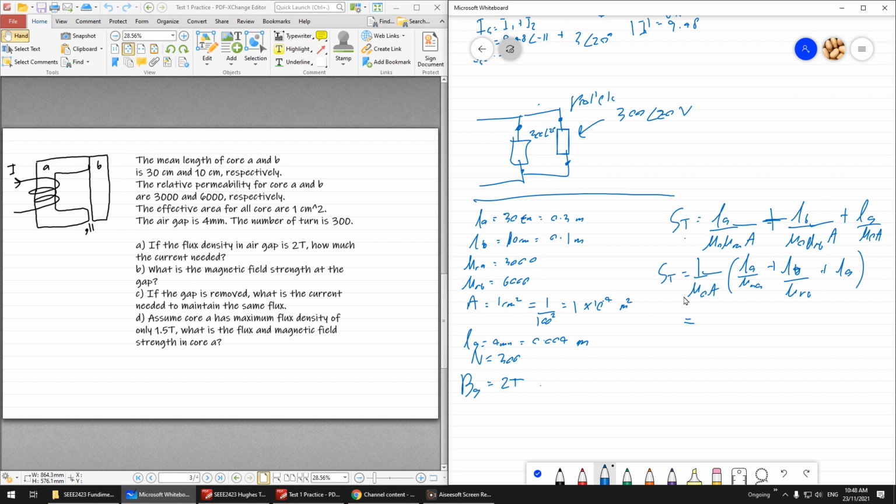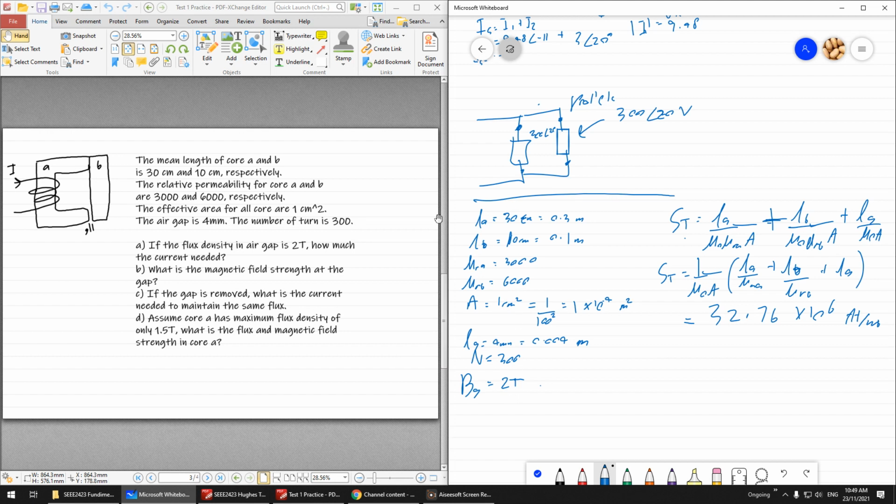Divide by the area, which is 1 times 10 negative 4. So you get the S total is 332.76 multiplied by 10 negative 6 ampere turn per Weber. You get the total flux, and then from B you can see here B is given, B at the gap.